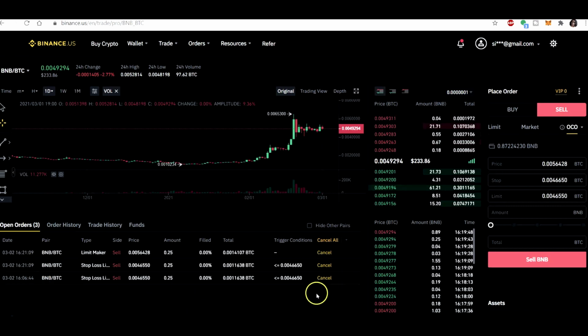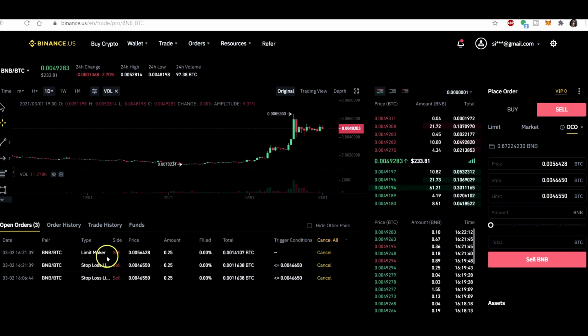Because what the OCO order is saying, if price action goes up, then we're going to sell at a profit. If price action goes down, then we're going to sell at a loss. So there are two separate orders. The top two orders, this one at the bottom is the stop loss we created earlier. And the OCO creates these top two orders.